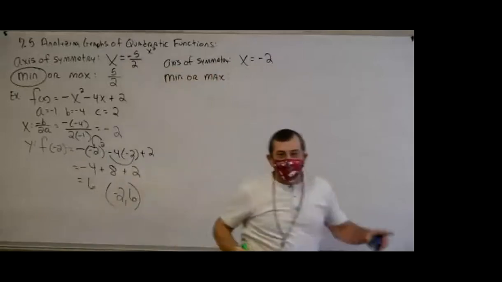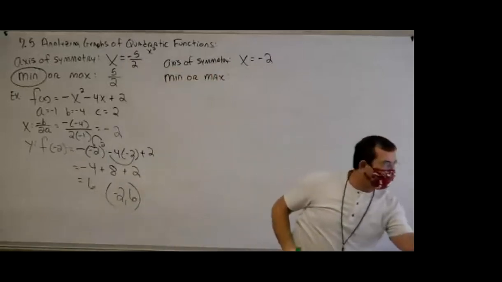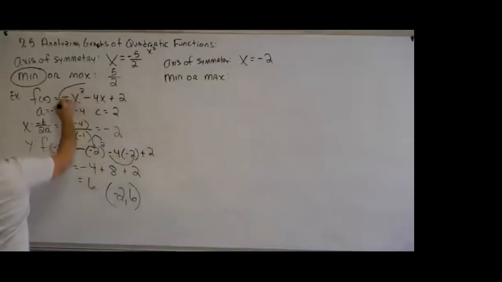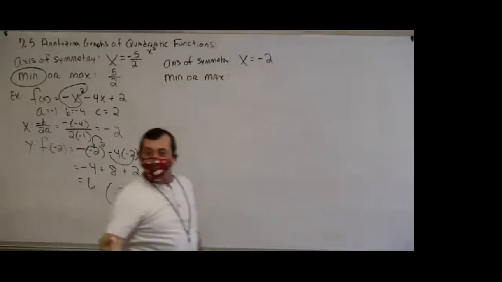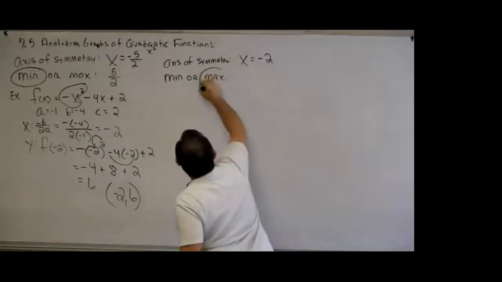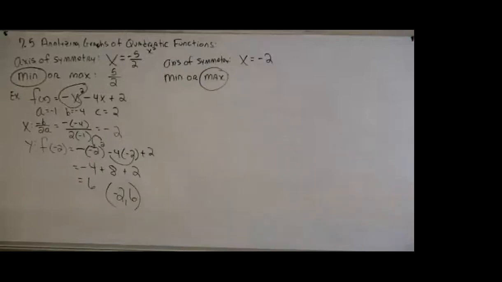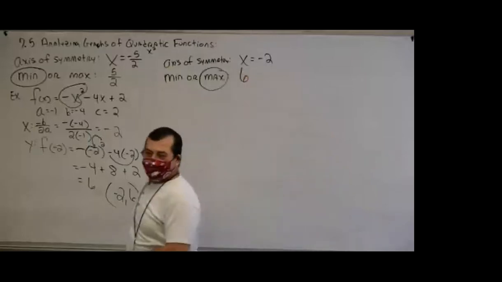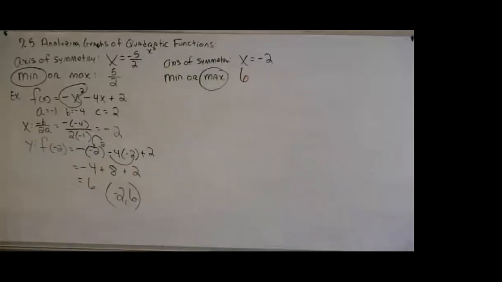Max. Maximum, you're saying? Yes, max. You're perfect, because right here, the x squared is negative, so it's definitely a maximum. So what's the maximum value? And that's 6, definitely 6, like she said. And then graphing that, start with that vertex, and then do one side or the other, okay?